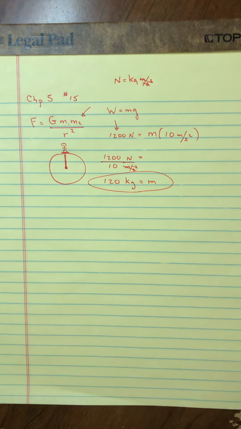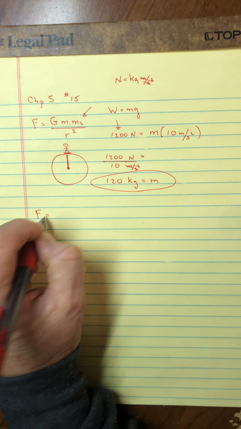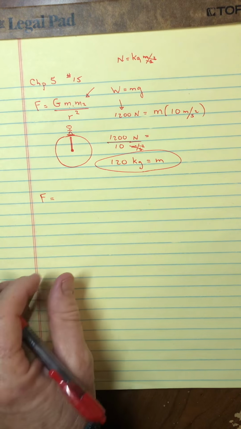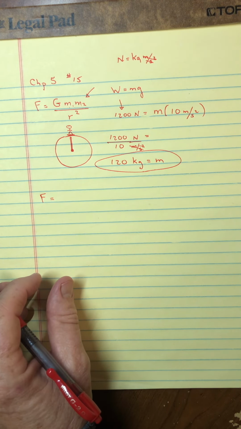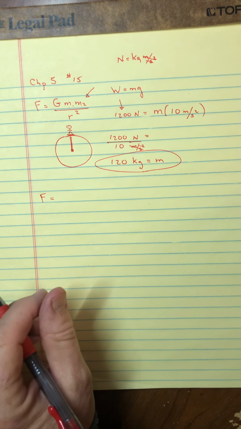So that information is very useful, and it's part of the problem. How much mass do I have? Okay, fine. Now, the other part of this is going to require you to look it up. It's listed in the book. I have a little chart here.